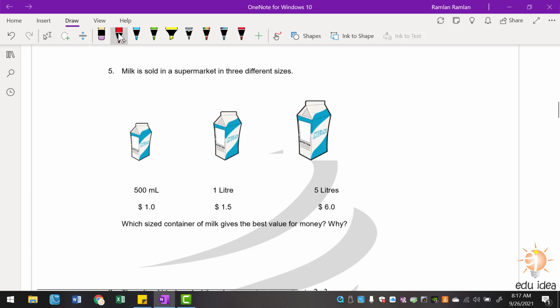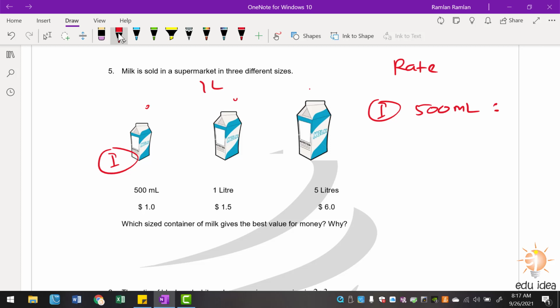So in here, we can use the concept of rate. You can do it in several ways, but for this question I'm going to choose to find the price for 1 liter for each of the sizes. Let's start with the first one, 500 milliliters for $1.